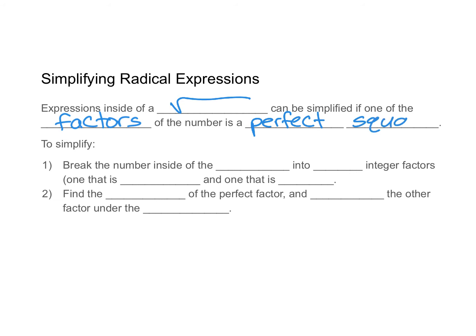So if you could multiply two numbers to get the number inside the radical, and one of those numbers is a perfect square, then you're able to simplify that radical. What we basically do is break the number inside of the radical into two integer factors. Integer factors is important. They have to be whole numbers. An integer is like a whole number. It could be positive or negative, but a whole number. So integer factors: one that's perfect and one that is not.